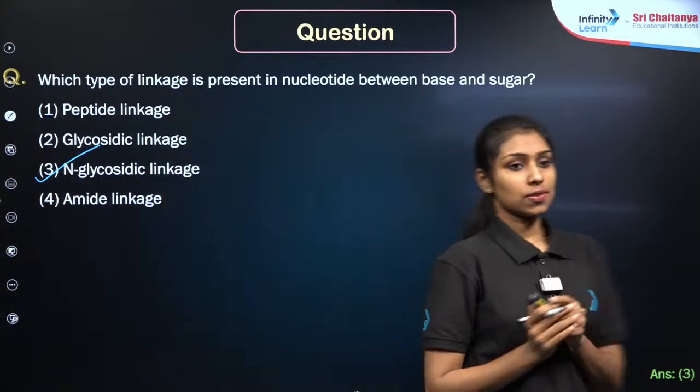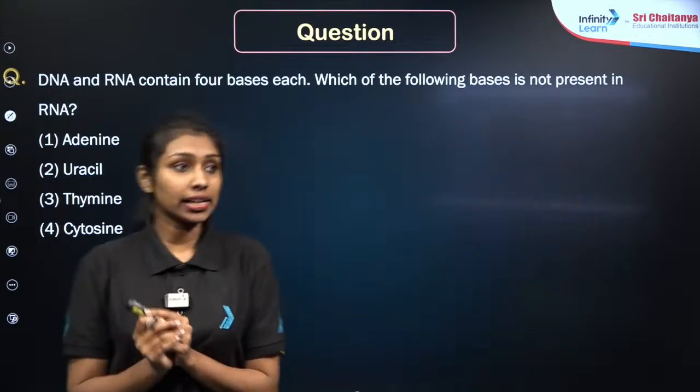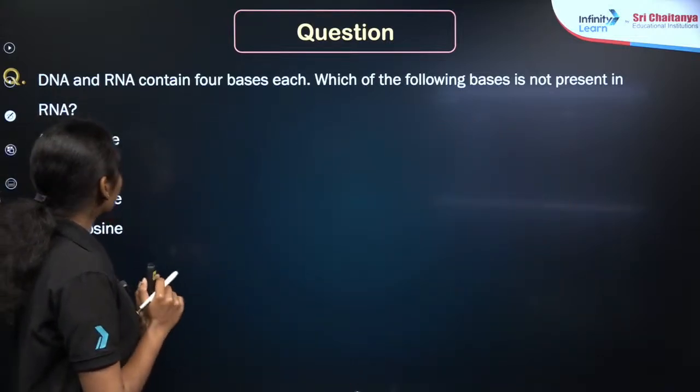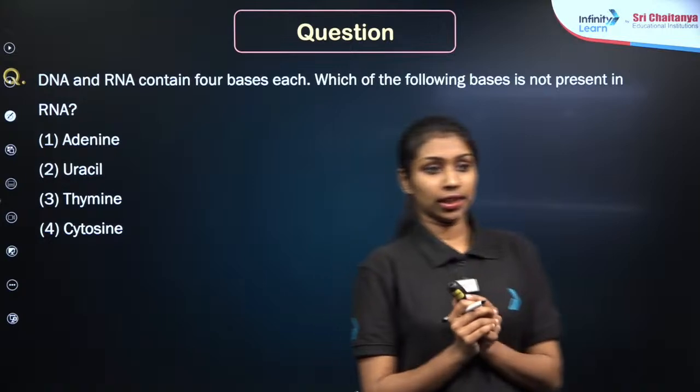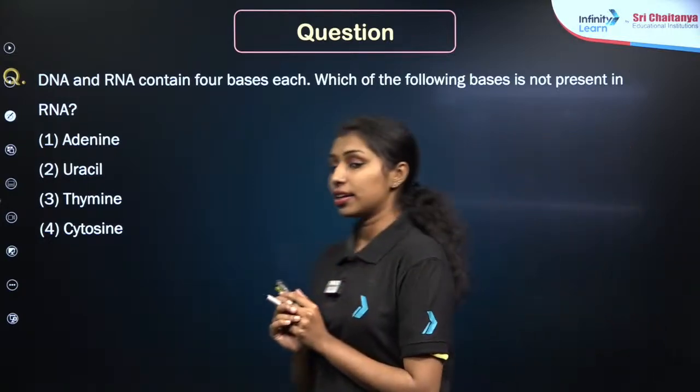Then what about the next question's answer? Here is the next question. DNA and RNA contain 4 bases each. Which of the following bases is not present in RNA?